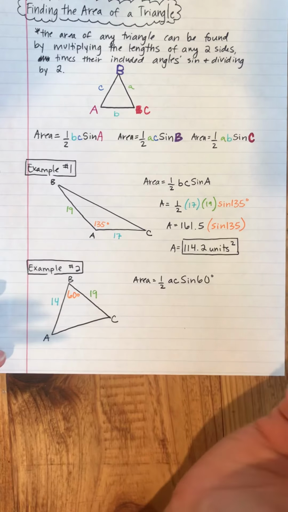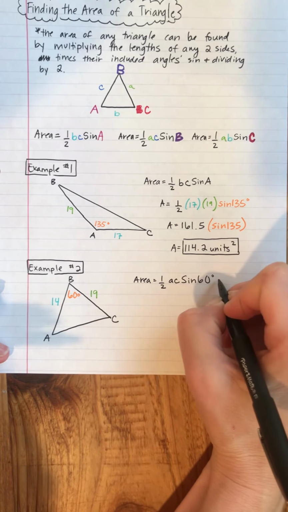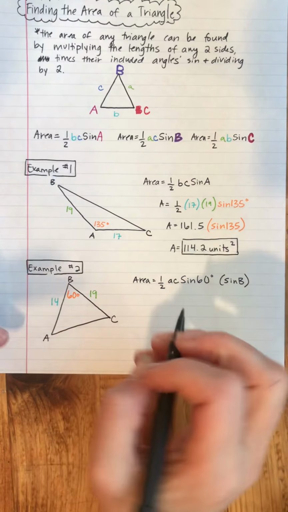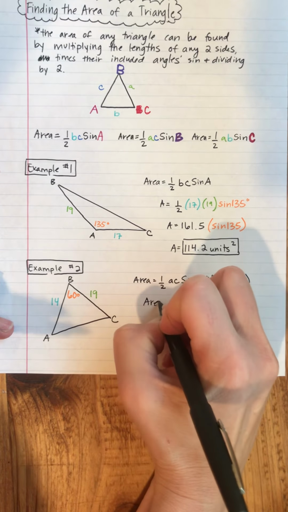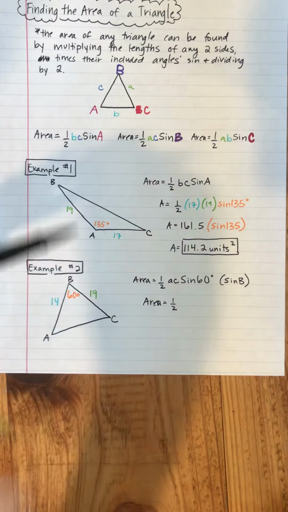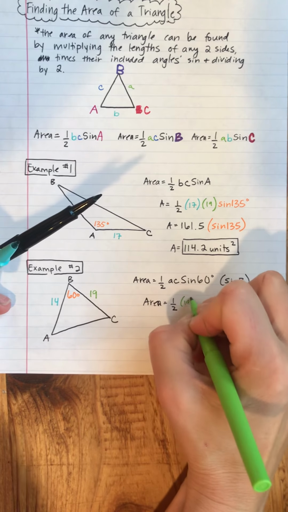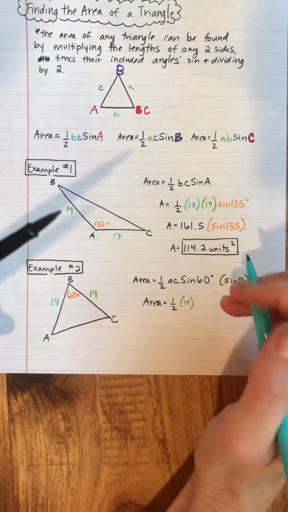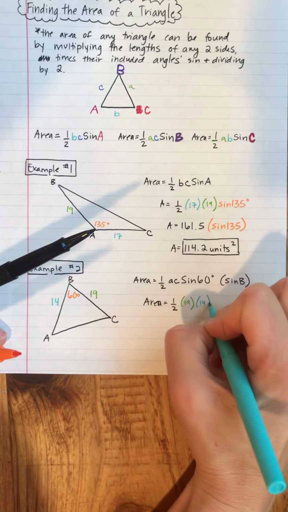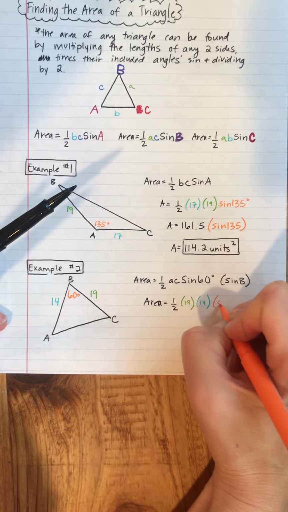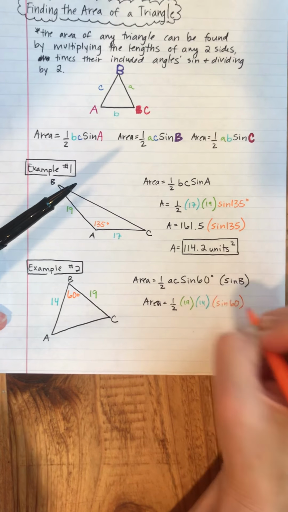All right, oh, sorry, times the sine of 60 degrees, which is the sine of B. Okay, so my area equals 1/2. A is 19. C is 14. And I'm multiplying that times the sine of 60 degrees.